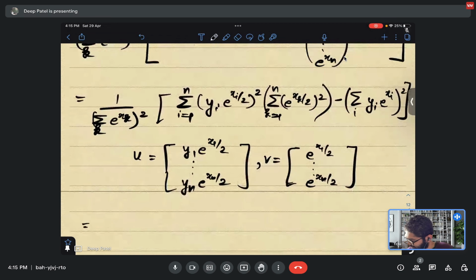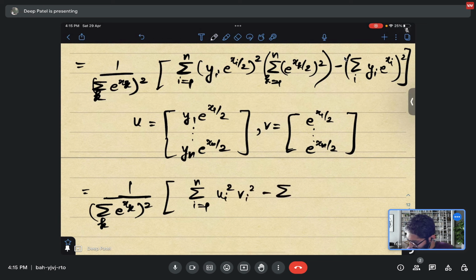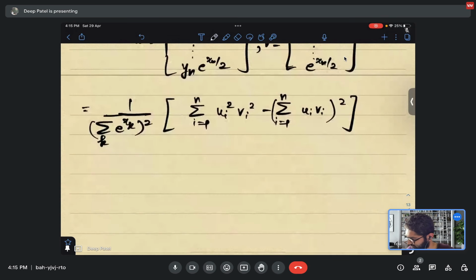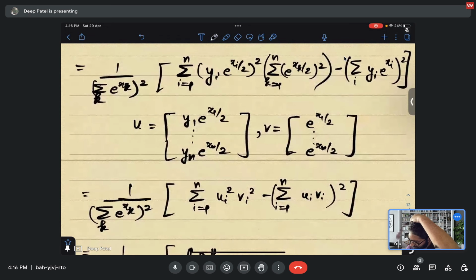So what does this thing turn out to be? Some positive quantity times summation i equals 1 to n ui squared, summation vi squared, minus summation i equals 1 to n ui vi whole squared. What is this? Sorry, I made a mistake here.